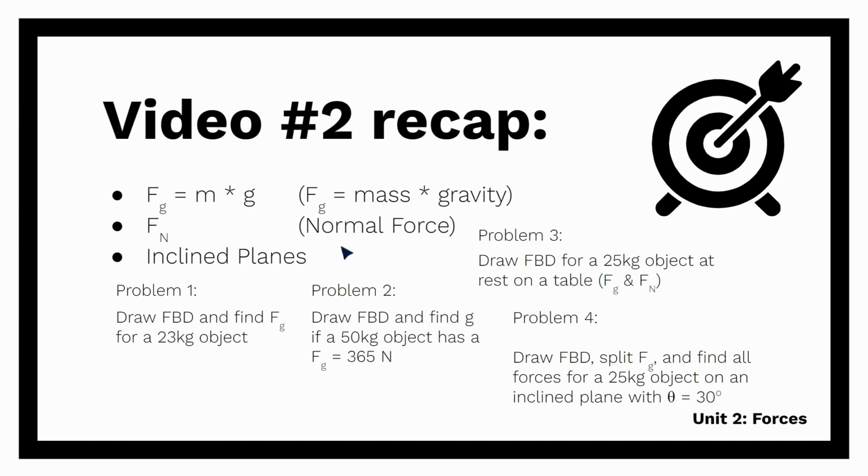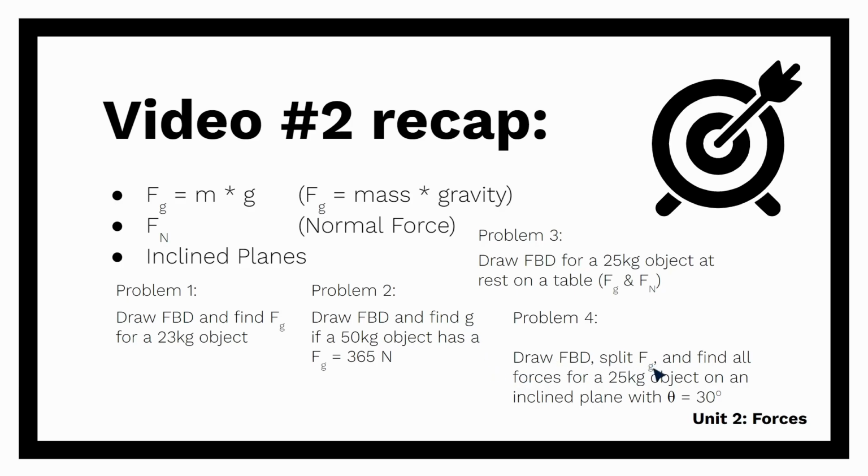Number 3, we're using normal force and gravity, trying to find the free body diagram of a 25 kilogram object on a table at rest, right? It's not accelerating anywhere, so that'll be where the net force is 0. Something to look out for, okay? Problem number 4, this is the tricky one. The inclined planes have a lot more work. It'll be the free body diagram.